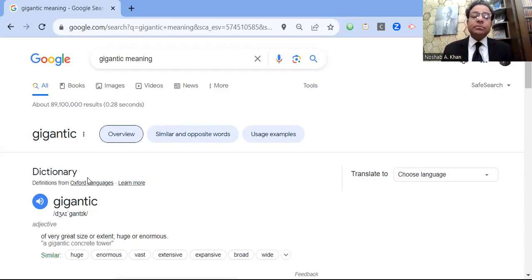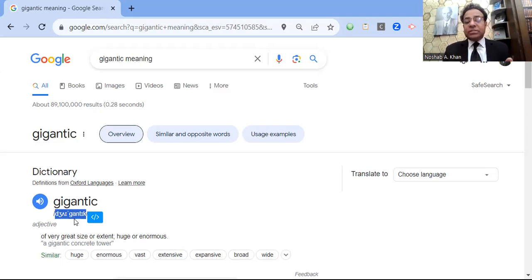Now, this dictionary not only pronounces this entry, but also provides the transcription. This part, which is underneath the word gigantic, is the transcription, the pronunciation of the very word given above. Now, this is gigantic.